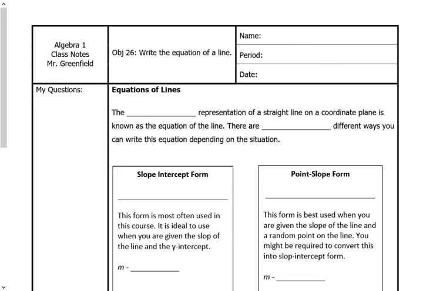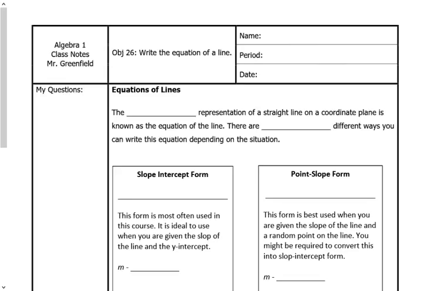Just last section in objective 25, we used y equals mx plus b to talk about parallel versus perpendicular and their slopes. So now we're going to kind of put all of this together and be able to do an algebraic representation of a straight line on a graph.